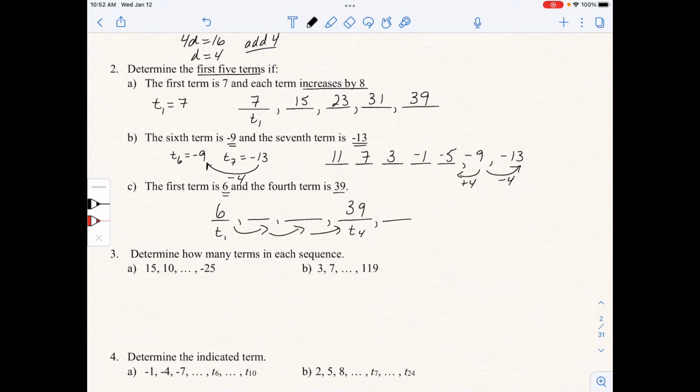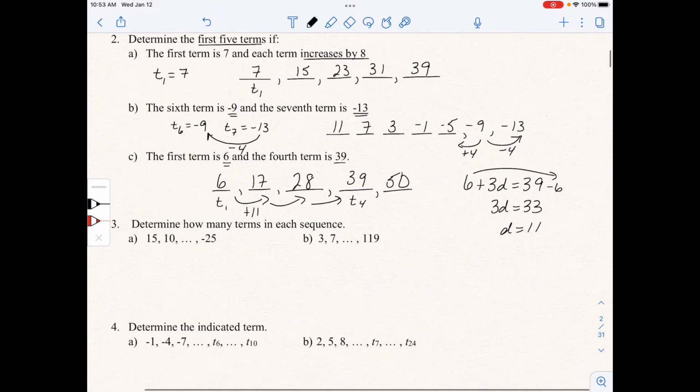We've got 3 differences. So 6 plus 3 differences is equal to 39. Subtract 6 from both sides. Our difference is 11. So there are our terms there. We're adding 11 and so on.